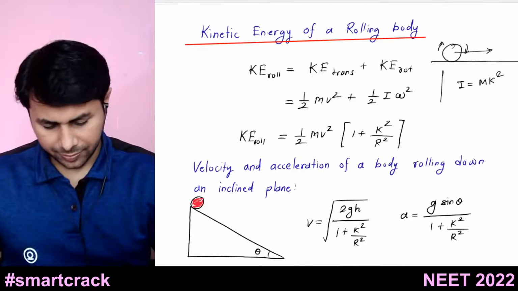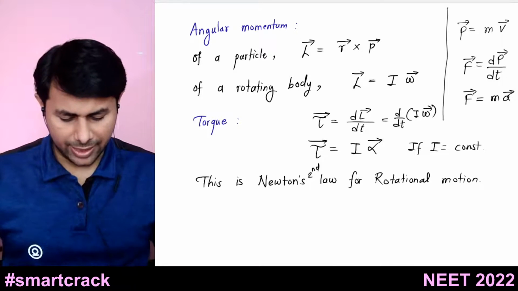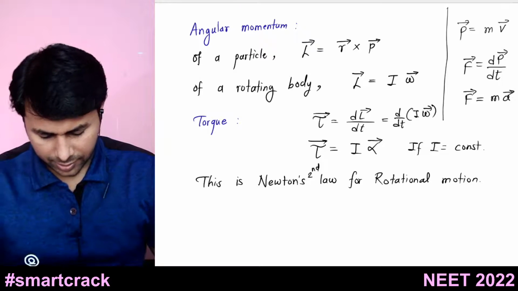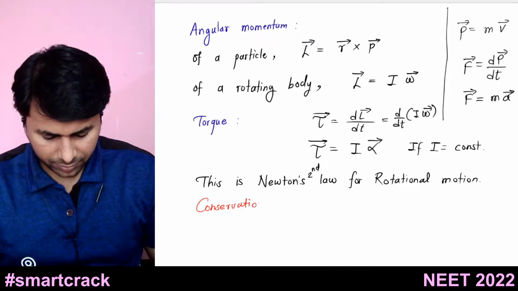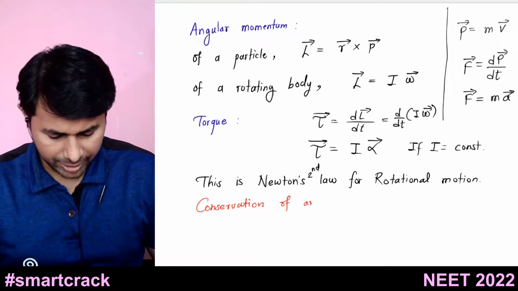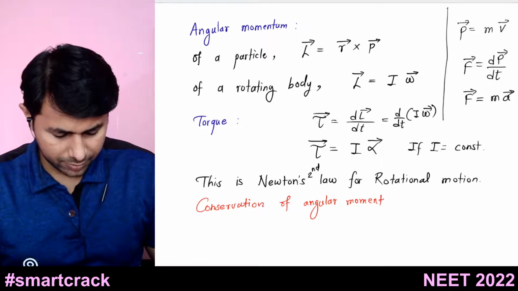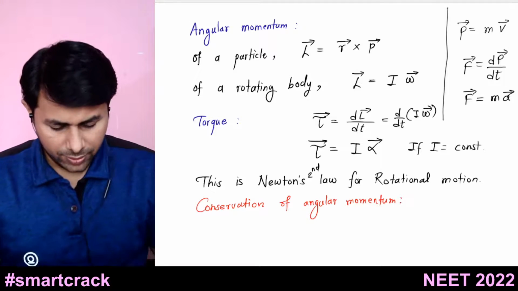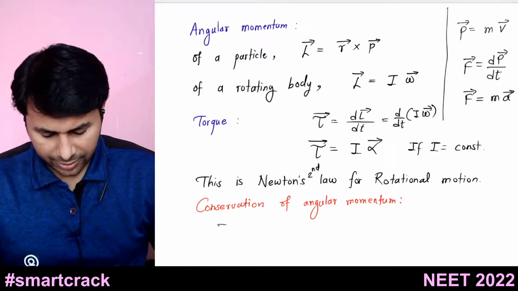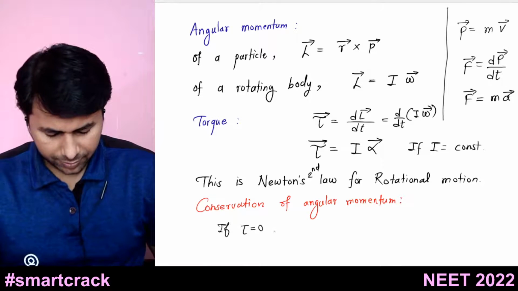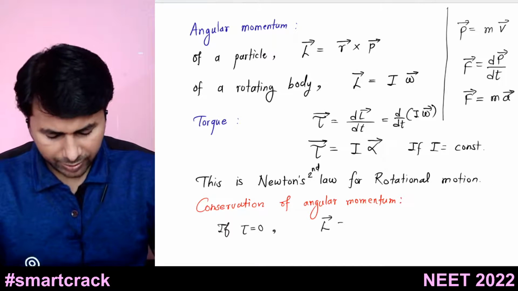All right. And after that, there is the law of conservation of angular momentum. So if the torque acting on a body is equal to 0, so if tau is equal to 0, then L bar will be what?